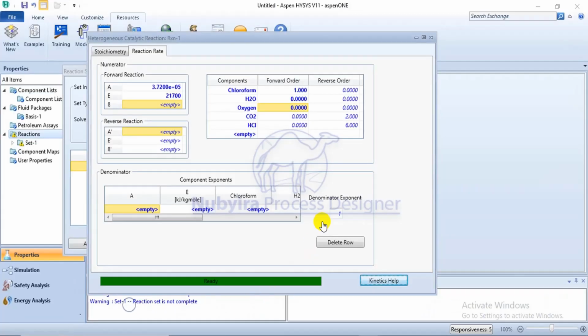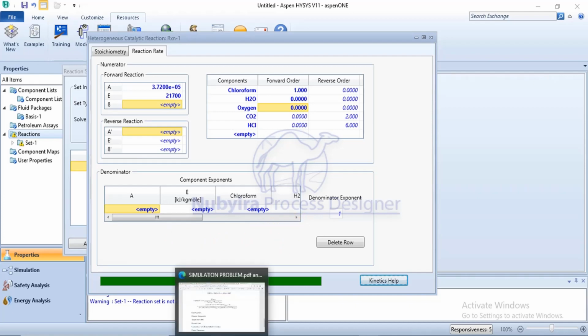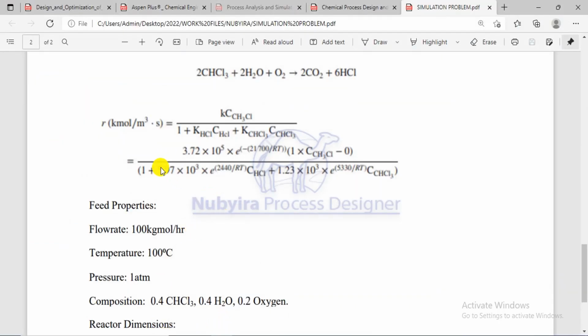So what we are left with is specifying the individual component exponents. Now let's go back again. Right here we have 1 plus all of this.